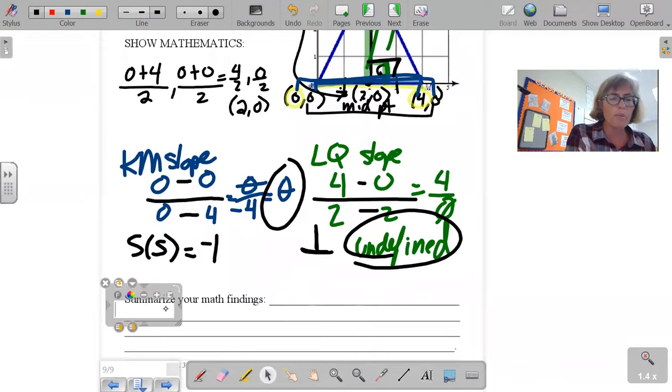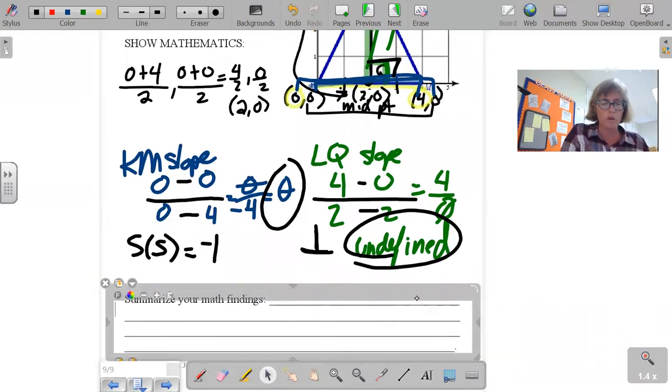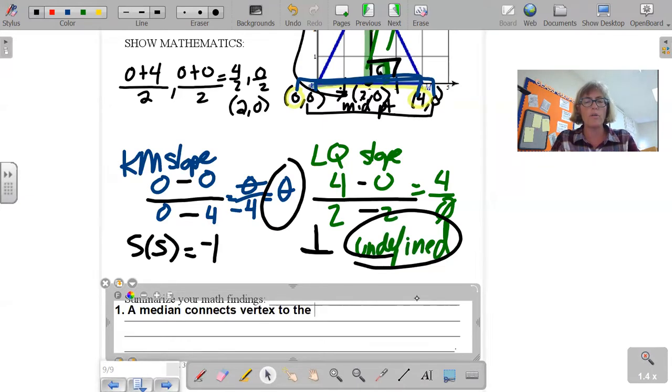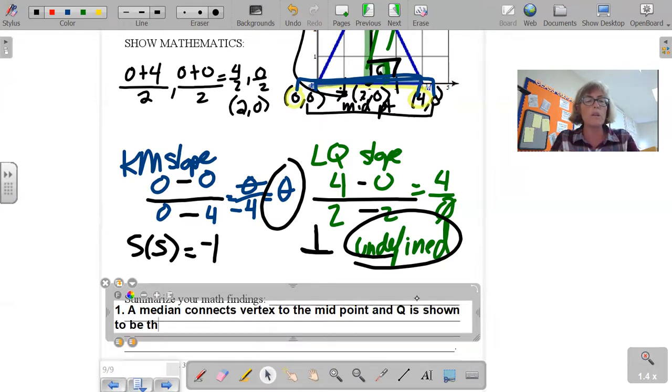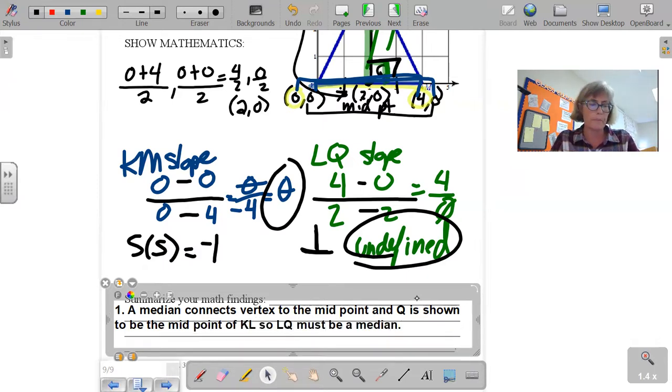So your write-up, you want to coach the person through, is first you define a median. So number one, a median connects vertex to the midpoint, and Q is shown to be the midpoint of KM, so LQ must be a median.